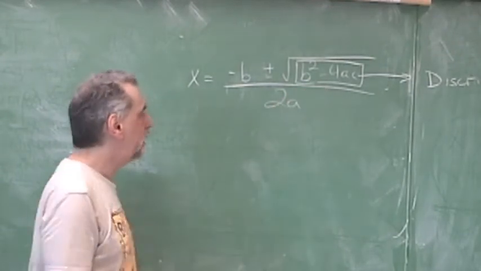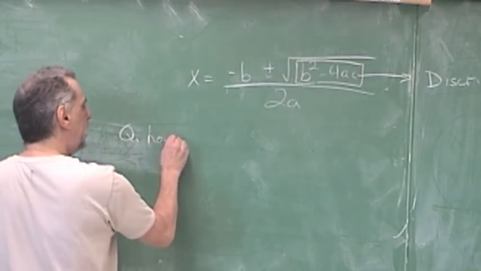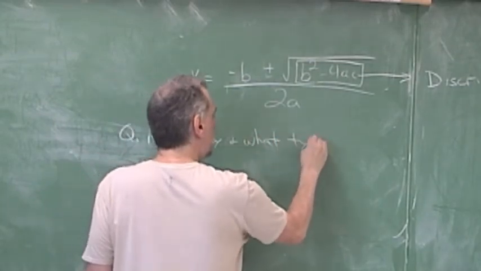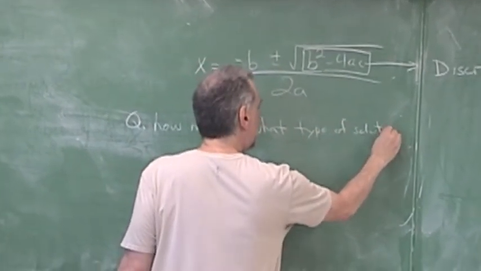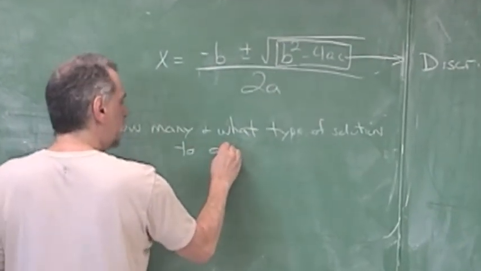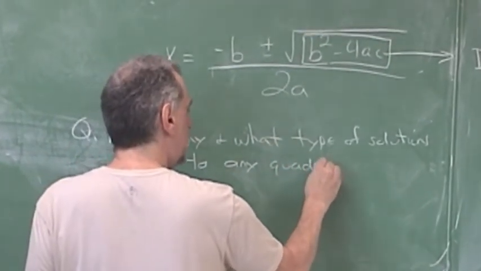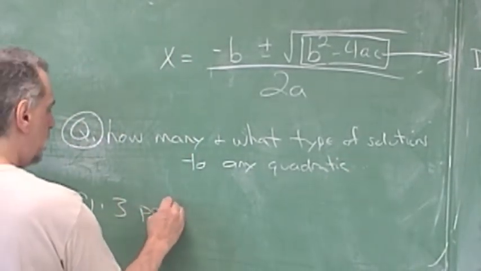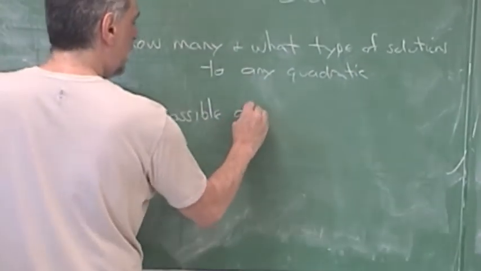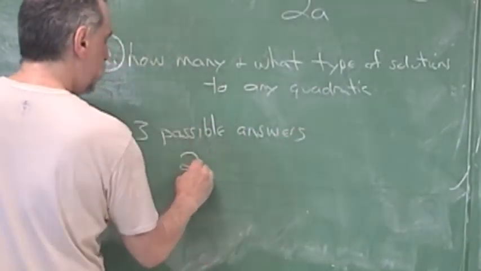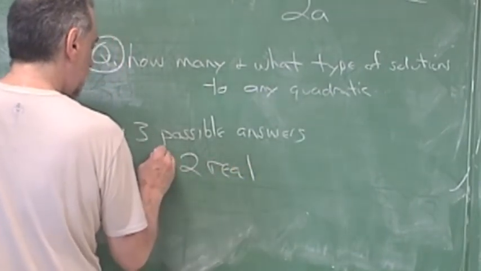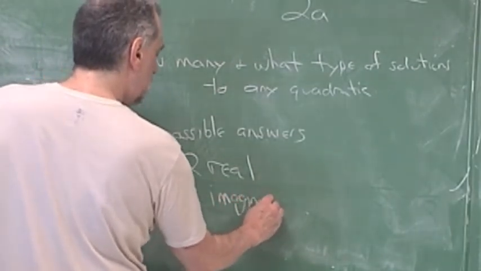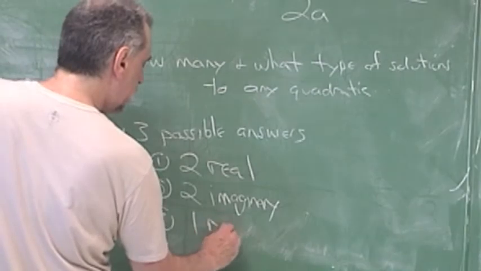So the three choices for when the question is how many and what type of solutions to a quadratic, to any quadratic, the three possible answers are two real solutions, two imaginary solutions, or one real solution.